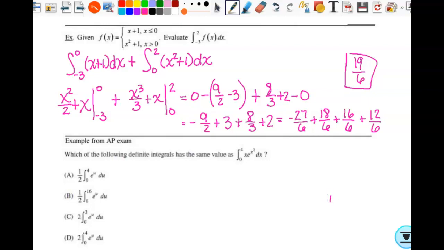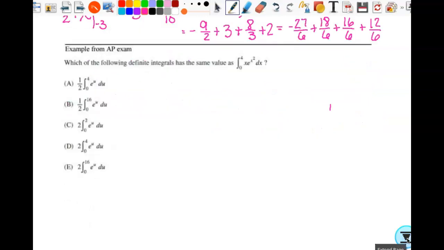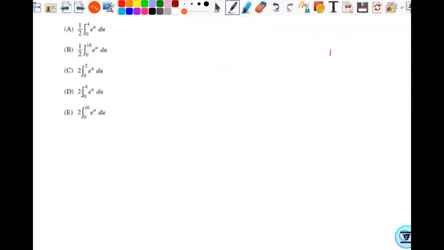All right. You try this last example from the AP exam here. Yes, x times e to the x squared.